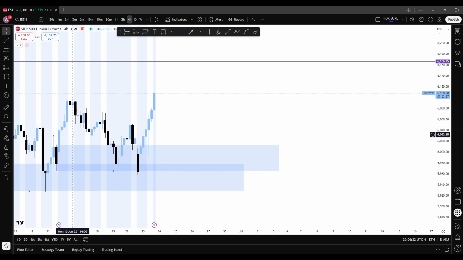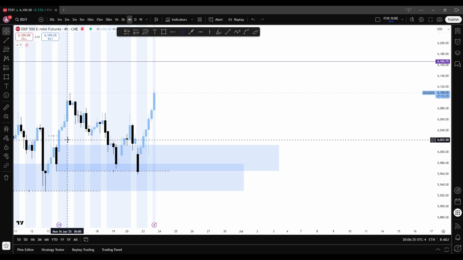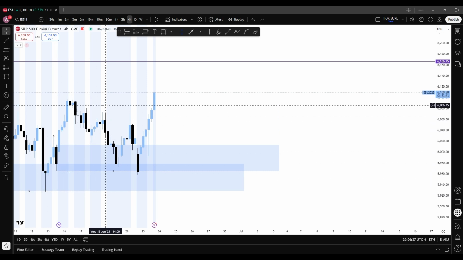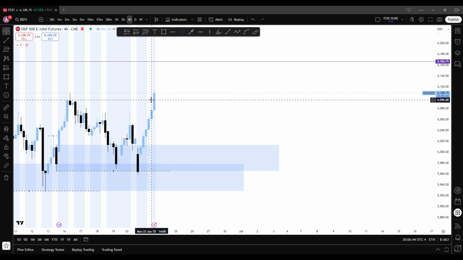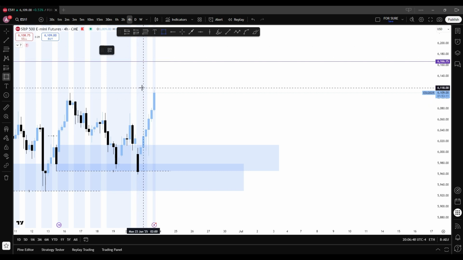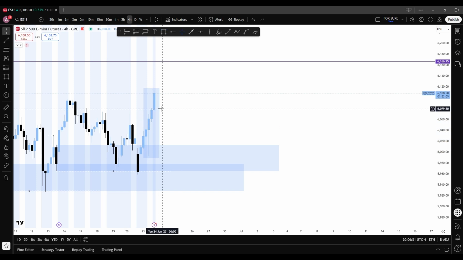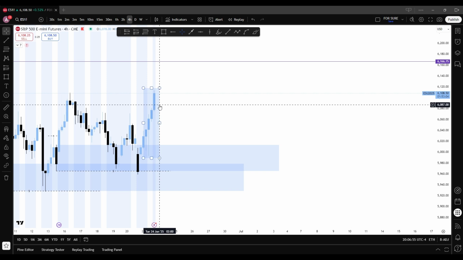For example, right here, why did it go up? Some people just look at what's going on in this day, but each candle is 4 hours, guys. Just these 4 candles right here is one day. This is multiple days that have gone by.